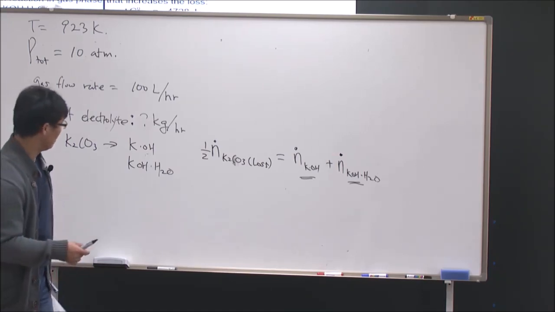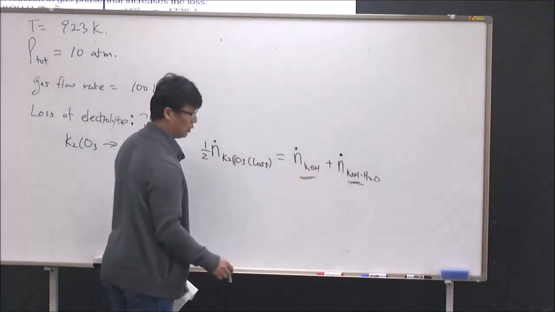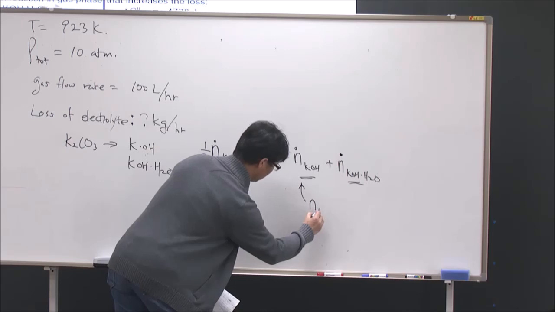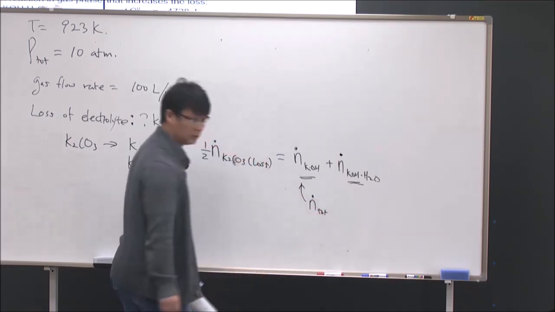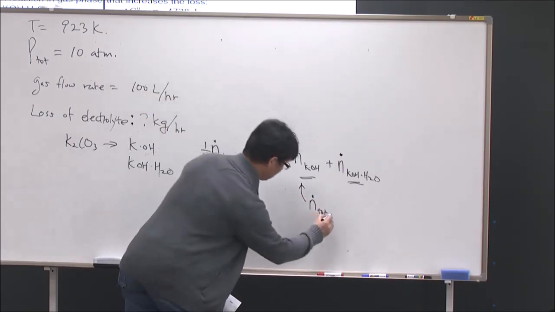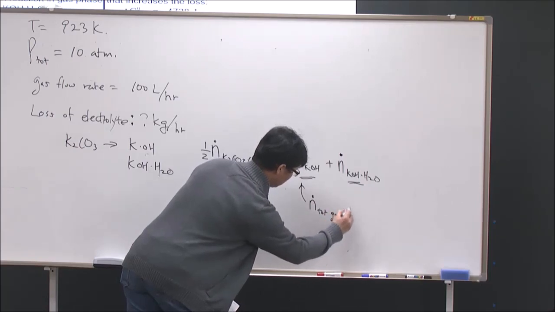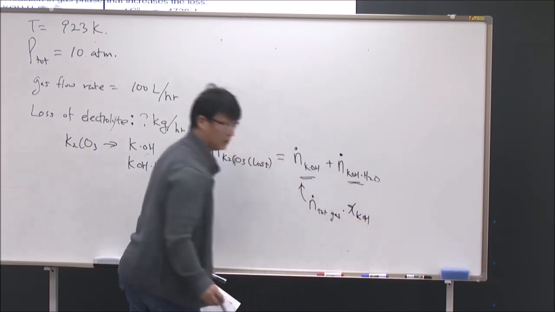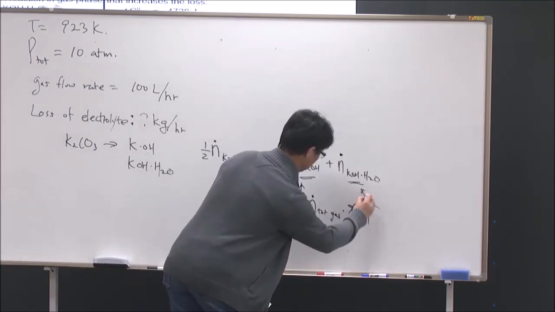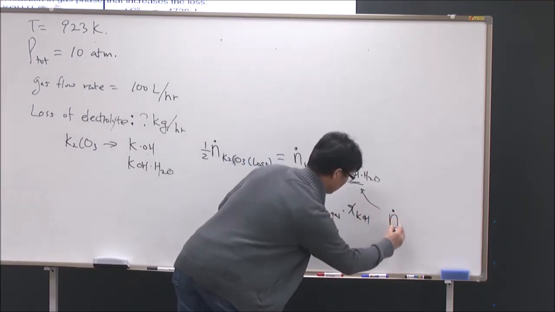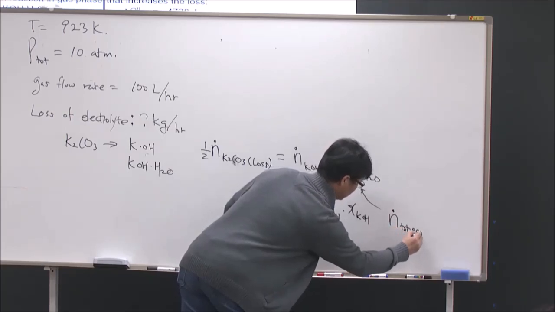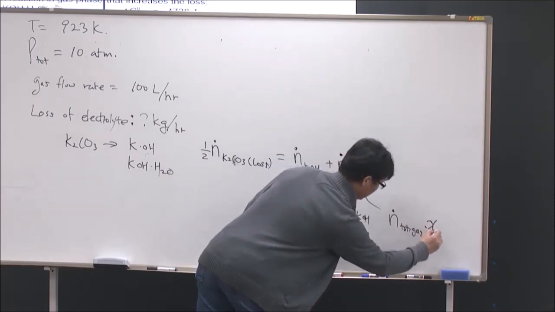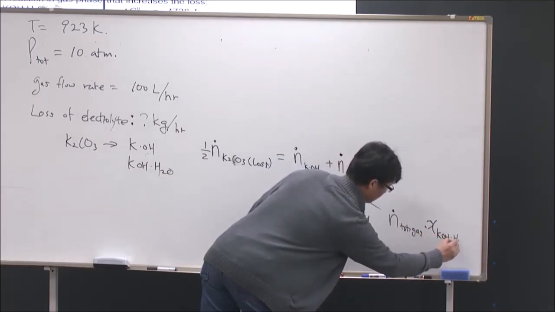So we want to calculate this one, which is the total number of moles of the gas species per hour times the mole fraction of the KOH. And same thing for this one, the total number of the gas species per hour times the mole fraction of the KOH H2O.